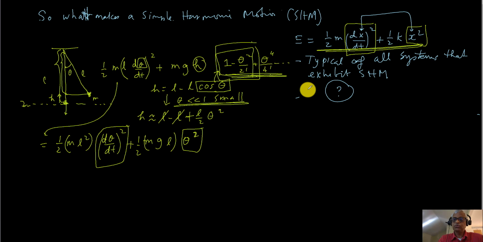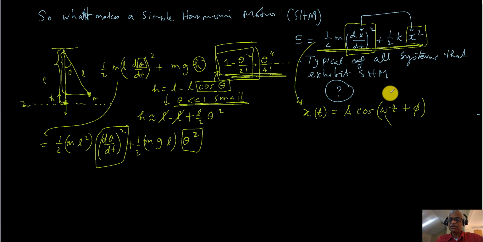The solution for this, if you remember, x of t was a cosine of omega t plus phi. That's one way of writing it, right? I didn't say what omega was at that time, but omega in simple harmonic motion is the ratio of these two.